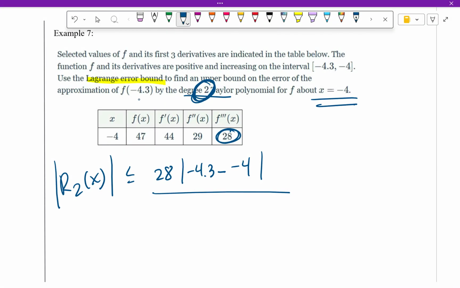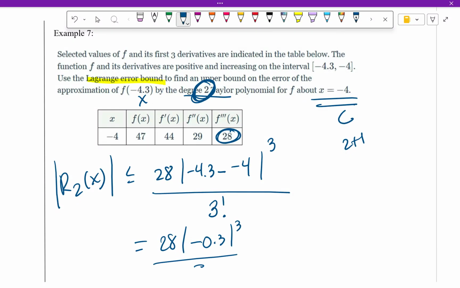So this was the x, this is the c. To what power? Third, good, one beyond. If you need to write the 2 plus 1, you can do that, and then all over 3 factorial. The only other thing they did on this was they did 28 times the absolute value of negative 4.3 minus negative 4, cubed, over 3 factorial.